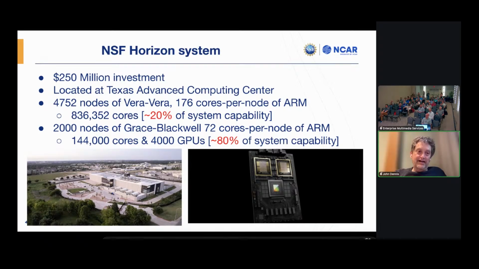It's a large system. About 20% of the system capability is CPU-based, and 80% is GPU-based. We want to make sure that the community can access the entire system, not just a small piece of it.